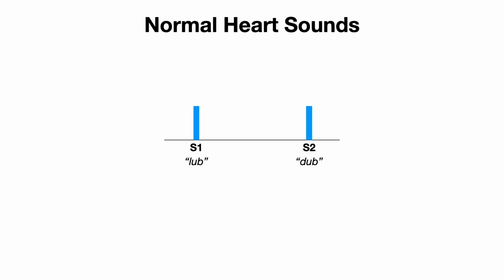So instead of boom, boom, boom, it would be more correct to say lub dub, lub dub, lub dub. Now the lub, or the first heart sound in a normal heart sound, is your S1, and the dub, or the second heart sound, is an S2.